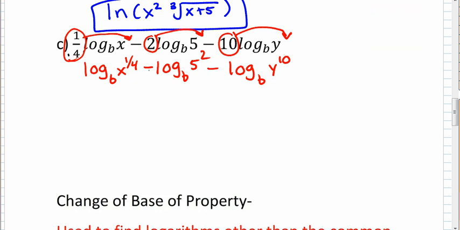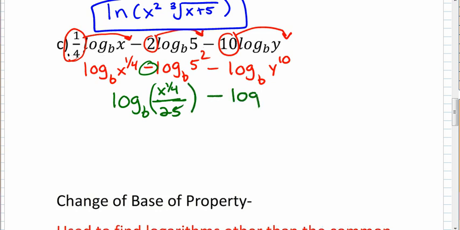So we're going to look at the first two here, and because it's subtraction, we're going to divide. So we get log base b of x to the 1/4 over 5 squared, which is 25. Notice 5 squared is 25. Minus log base b of y to the 10th.